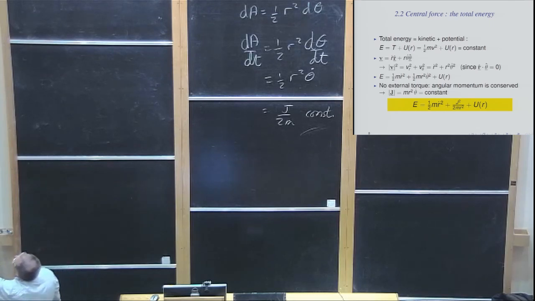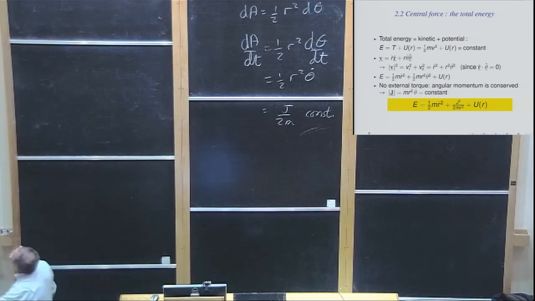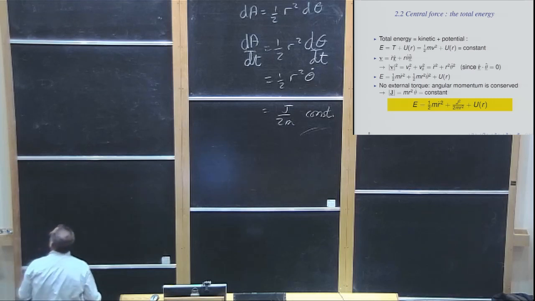So then this half mv squared gives us two terms, one depending on r dot, one depending on theta dot. But it's a central force, angular momentum is conserved, and we have this expression for angular momentum. Hence we can take this term and replace it by J squared over 2mr squared.